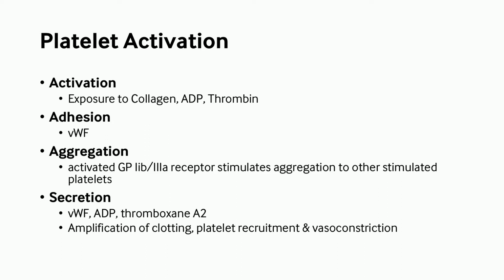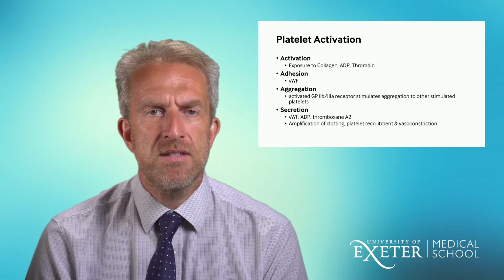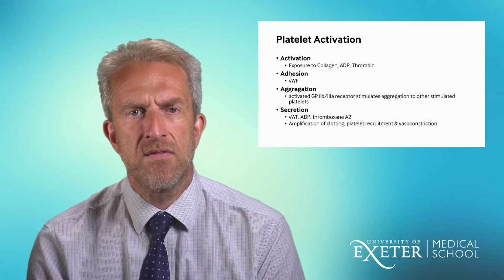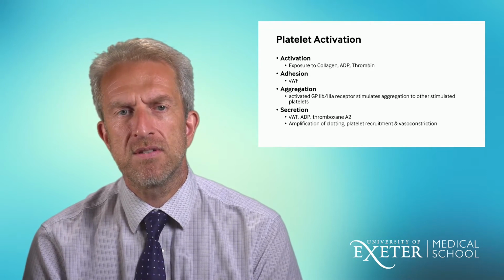They then stick onto the wall, adhesion, and things like von Willebrand's factor are important there. And then they may aggregate and stimulate neighbouring platelets to also coalesce and produce a platelet plug. And then the final phase is secretion, where a number of factors are released that activate the clotting cascade and further platelet aggregation as well.